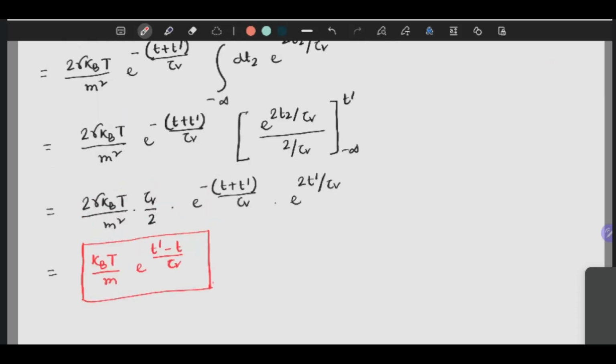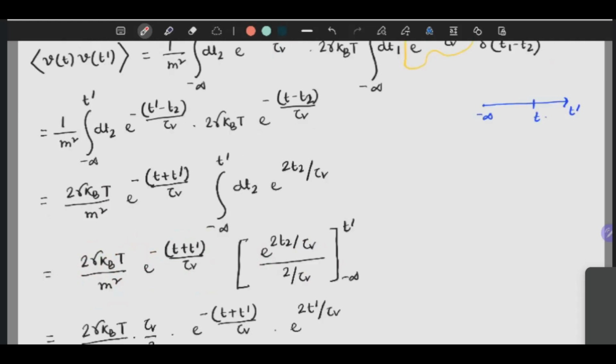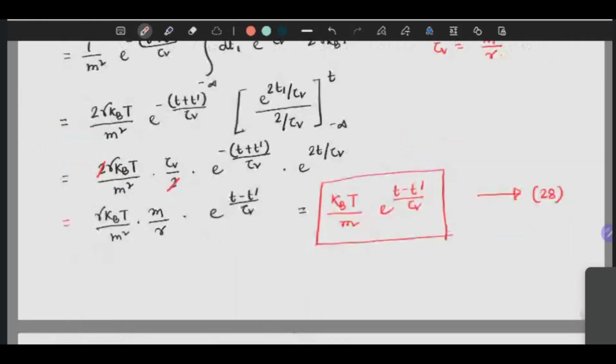So this is equation 28.2. Now if you see this expression and this expression, how can you write it combinedly?